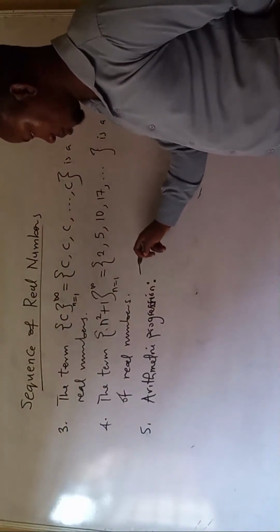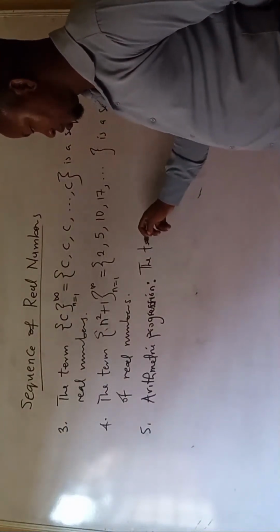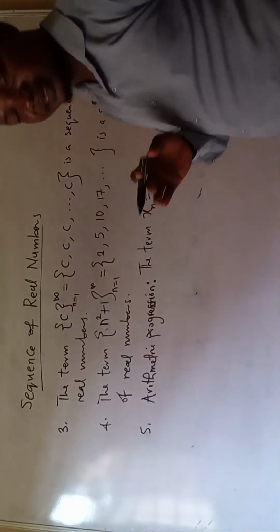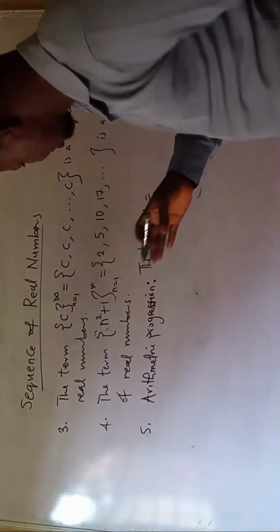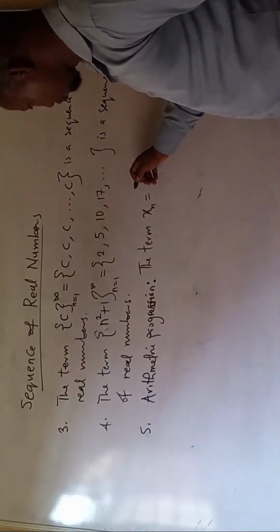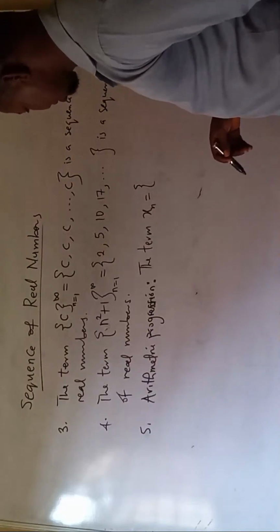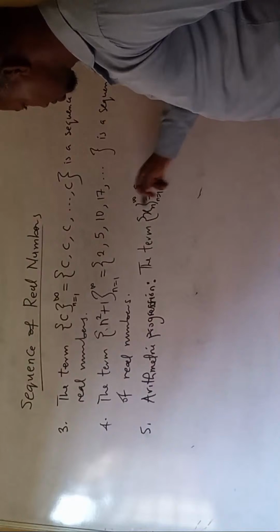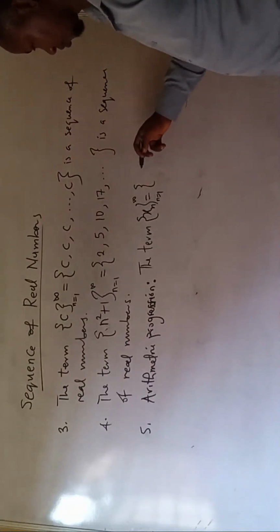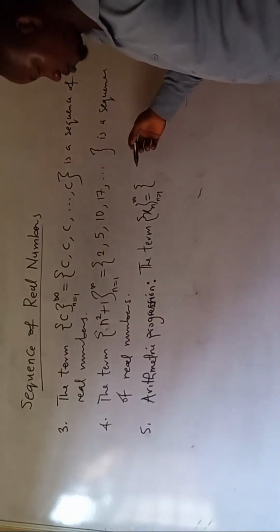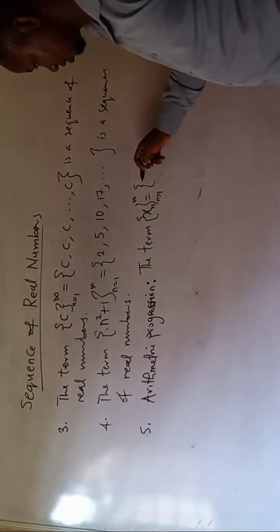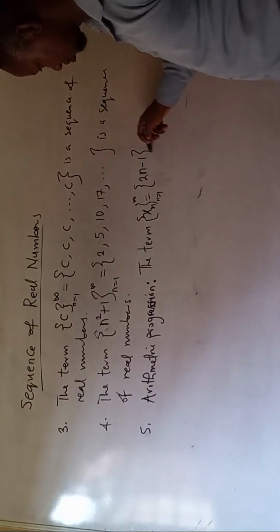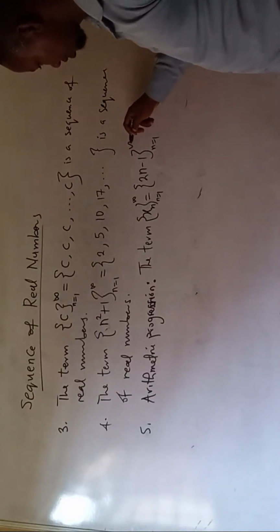Okay, I'm about to give a sequence which has a constant difference, and follows the law we have said there. So the sequence, we can write the general form. Okay, let us write 2n minus 1, let's start from 1 to infinity.